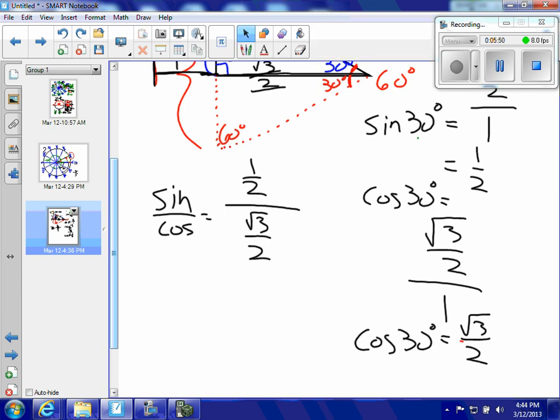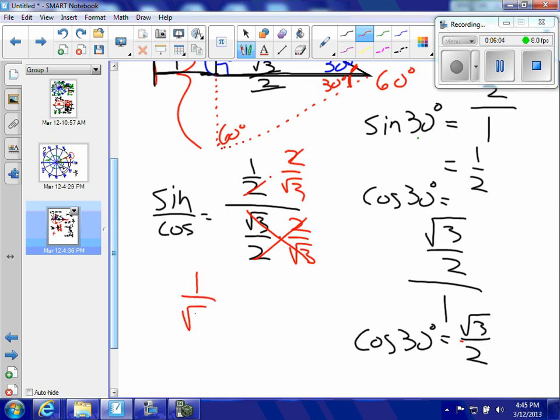A little bit of the algebra here, a little bit of the arithmetic. 2 over radical 3 times 2 over radical 3. That becomes 1. My 2's cancel out. I have 1 over radical 3. And because I don't want a radical in the denominator, I'm going to rationalize it by multiplying by radical 3 over radical 3, which is 1.